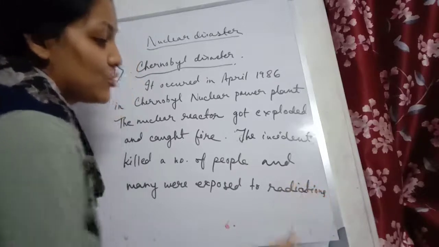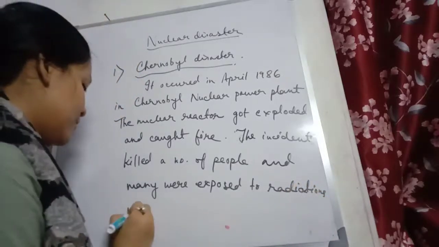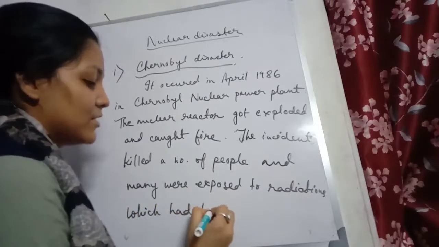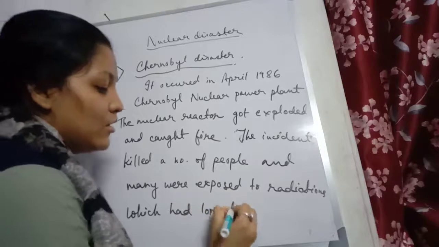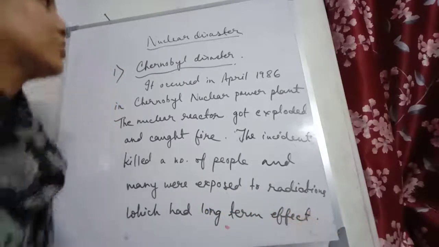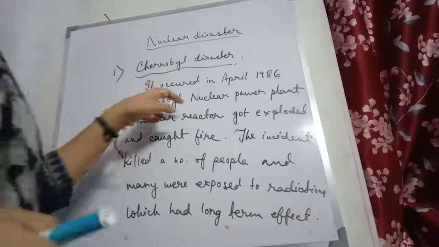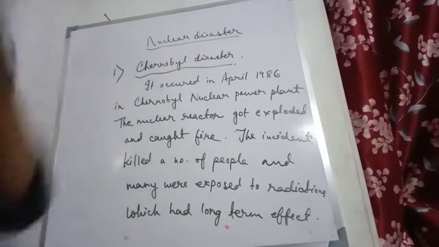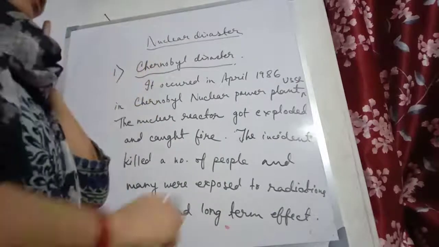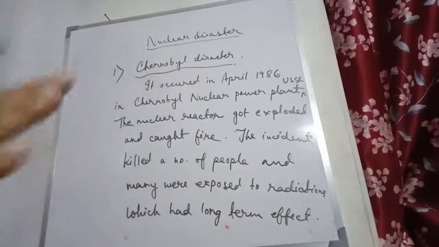Many were exposed to radiations which had long-term effects. This is your Chernobyl disaster. It occurred in April 1986 in the Chernobyl nuclear power plant, and the location was USSR. So the nuclear reactor exploded and caught fire, and then it affected the people and the environment.